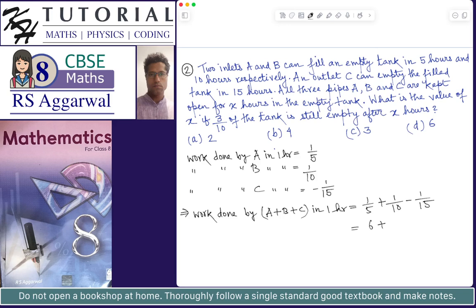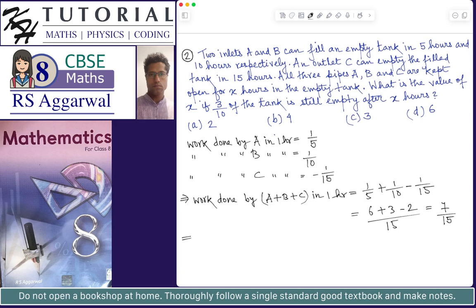So 6 plus 3 minus 2 divided by 30, which is 7 by 15. So in 1 hour, work done by A plus B plus C is 7 by 15. This means that when all the pipes A, B, and C are open, they are filling 7 by 15th part of the tank in 1 hour.